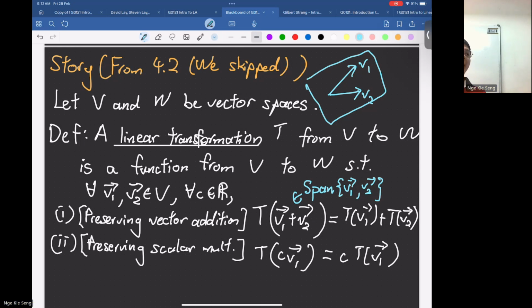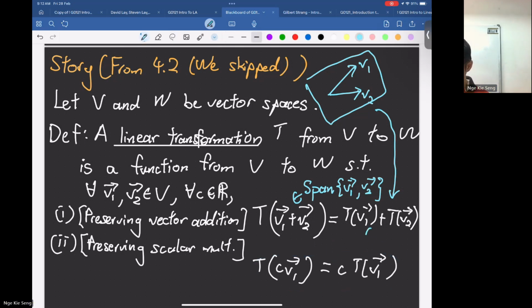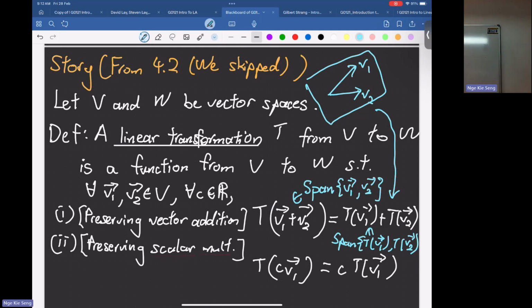What happens? It is sent to another plane. Why? Because this plus here means TV1 and TV2 live in the span of TV1, TV2. Meaning it sends a plane to another plane in your coordinates.